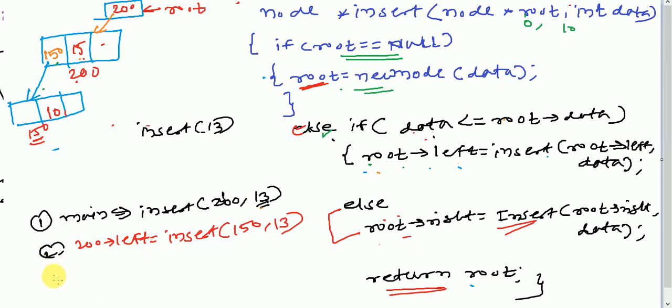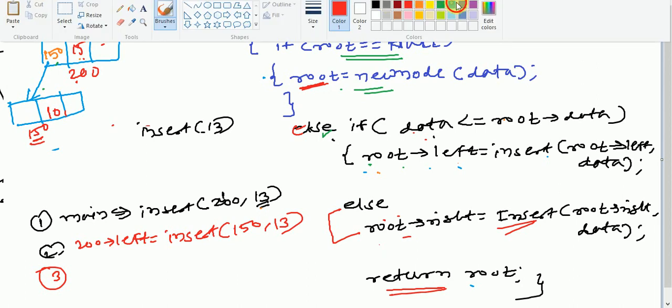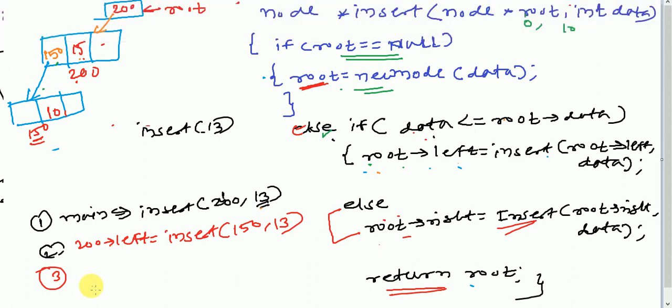So that is the third call here, and in the third call, root is 150, so 150 arrow right is equal to insert 150 arrow right. Now here 150 arrow right is null, so we are passing root as null and the data is 13.